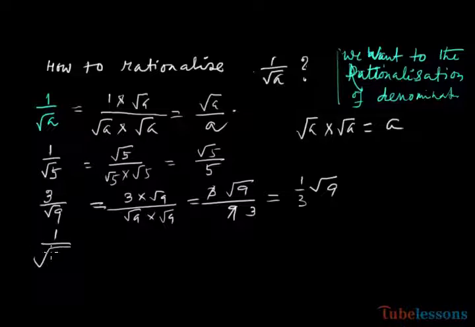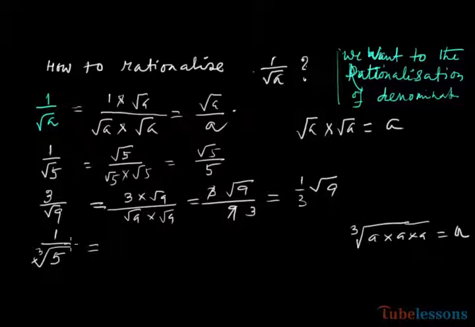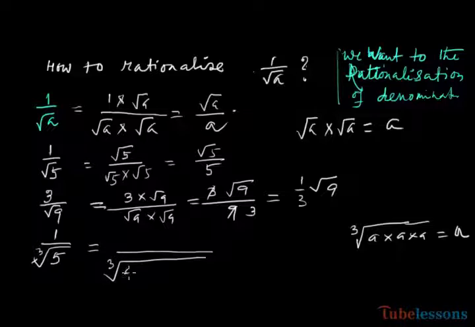But if it is cube root of 5, how to rationalize? As it is a cube root, we need three 5s to get a whole number. We have only one 5, so we need another 5 and another 5.